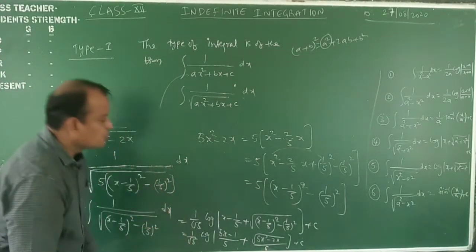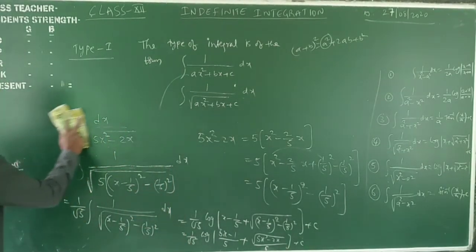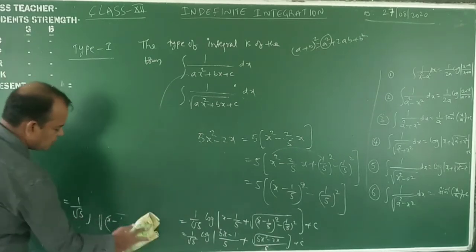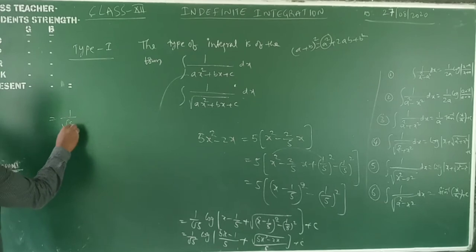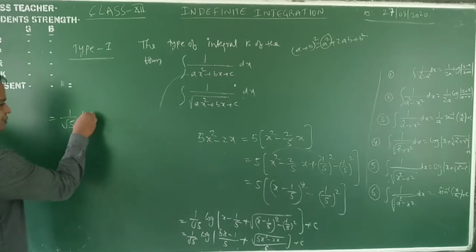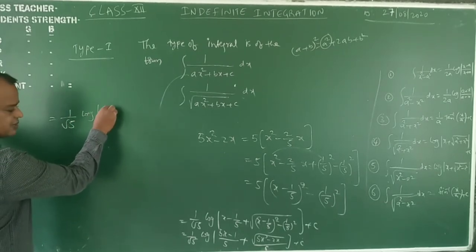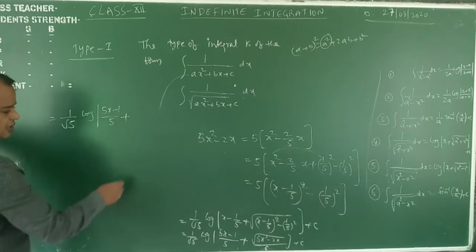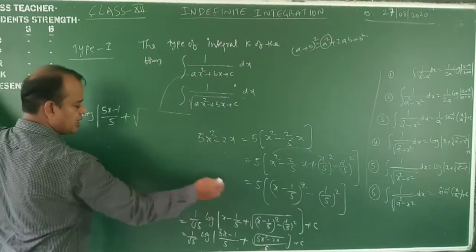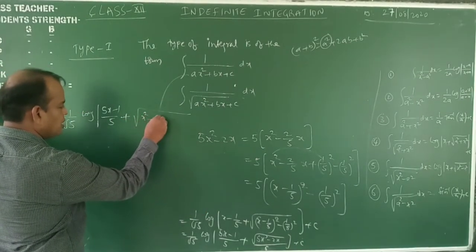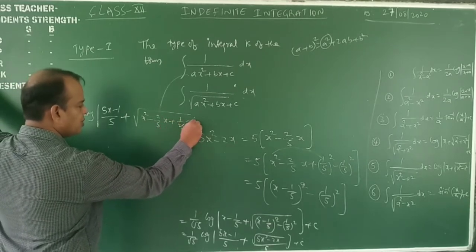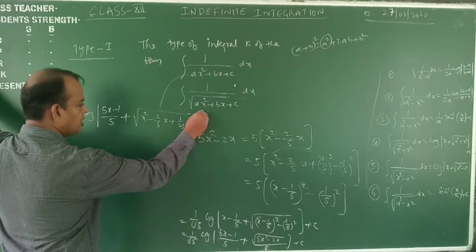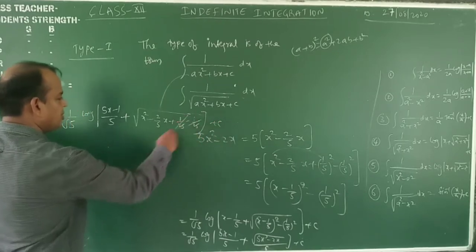What is the next step? For suppose we will do the calculation part. 1 by root 5 is there. If you are confused, I think 1 by root 5 log of 5x minus 1 by 5 plus root over the expansion: x square minus 2 by 5x plus 1 by 25 minus 1 by 25, plus c. 1 by 25 minus 1 by 25 cancel.